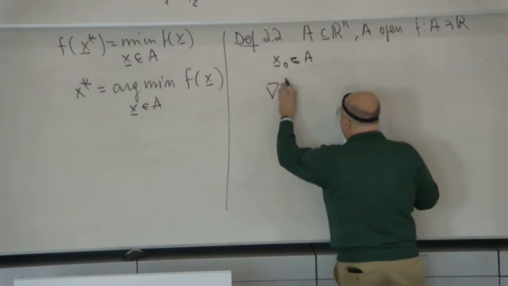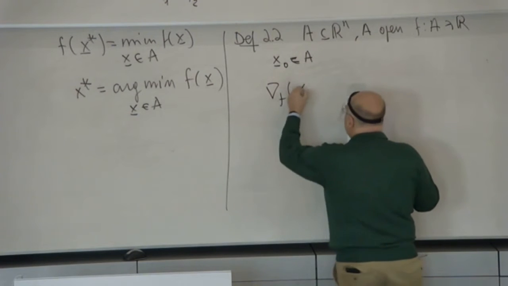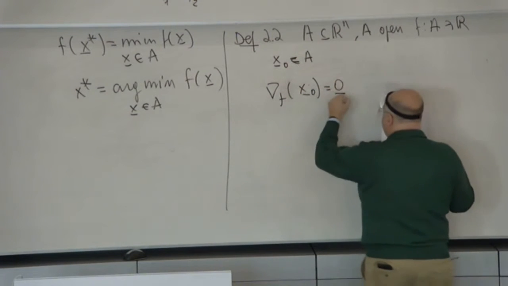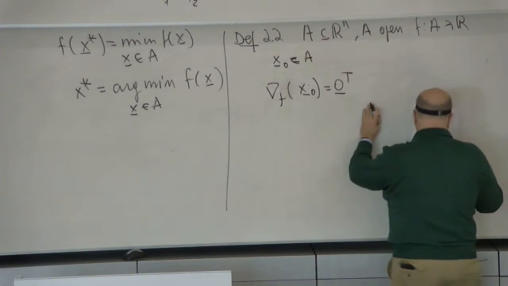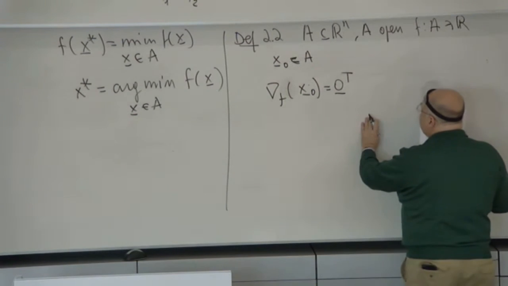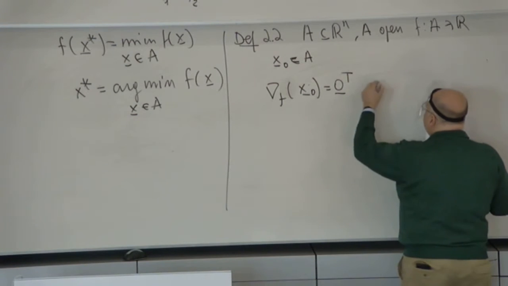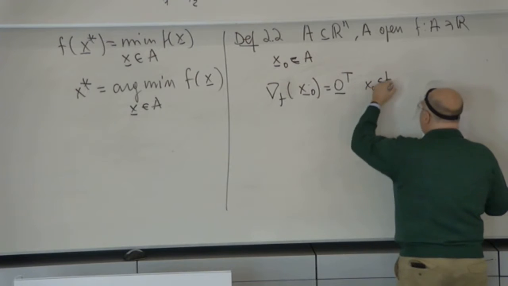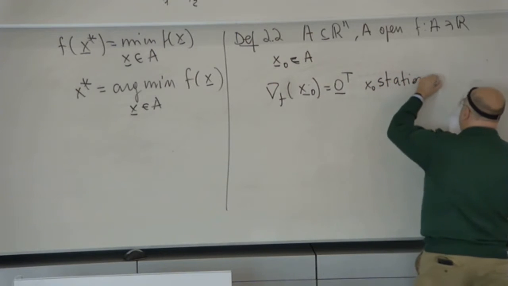Whenever the gradient of F at x0 is 0, well, I should say 0 transpose, we call x0 a stationary point.